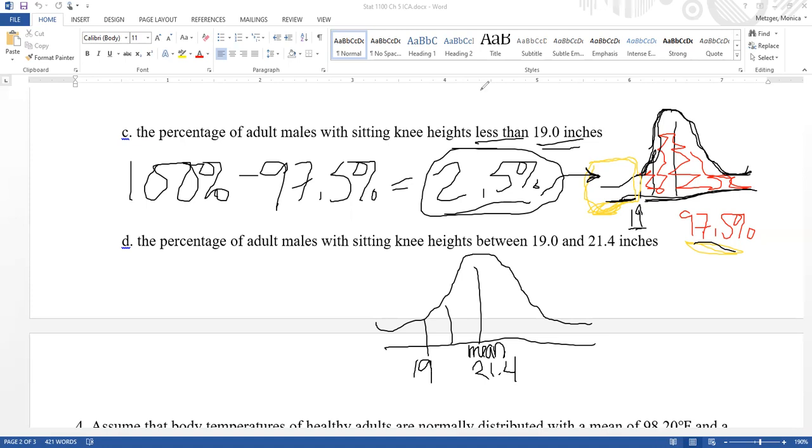We said, well, we know that if it was within 2 standard deviations on each side, that we would have 95% of our data. But in this example, we're only looking at the percentage of males that are between those two sitting knee heights. So we're only wanting to consider this half. So that would be that 47.5%.